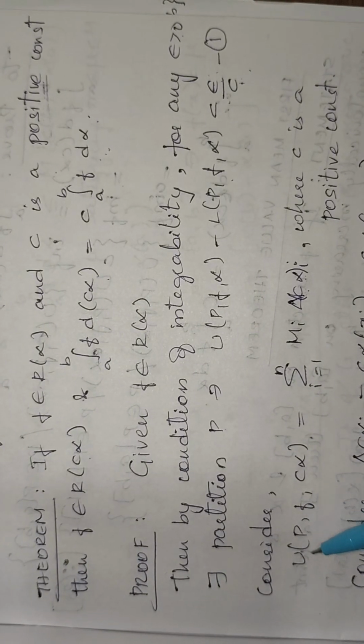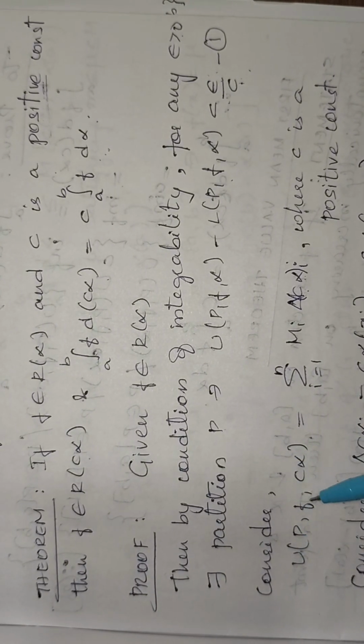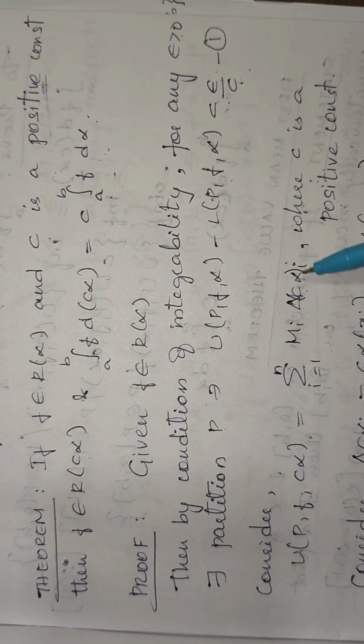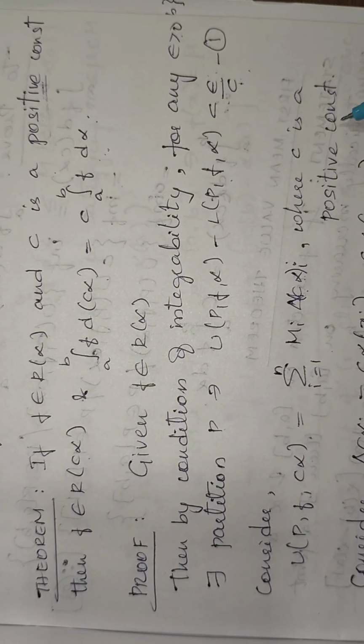Now consider the upper sum of f with respect to c alpha and P. According to the definition of upper sum, it is equal to the summation from i equal to 1 to n of Mi into delta alpha i. Instead of delta alpha i, we have delta c alpha i, where c is a positive constant.